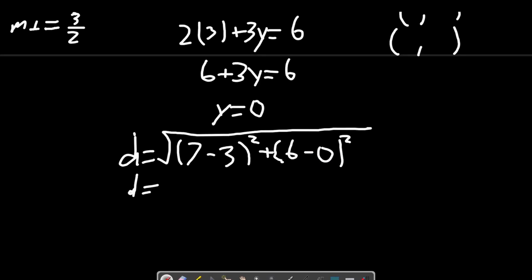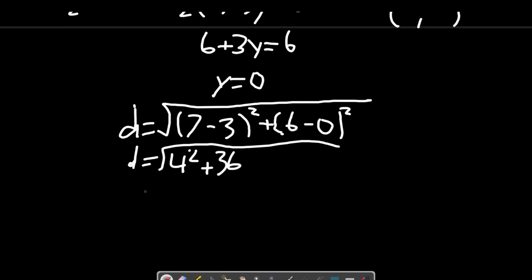D is equal to the square root of 4 squared plus 6 squared, which is 36. So 16 plus 36 is equal to 52.